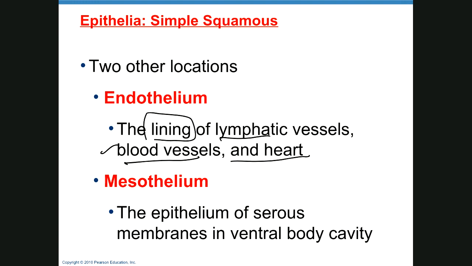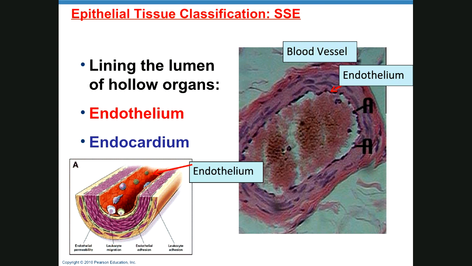It is called endothelium. What this does is that it economizes words. So instead of having to say simple squamous epithelial tissue lining blood vessels, you just say endothelium. Okay. So this PowerPoint is showing you endothelium.